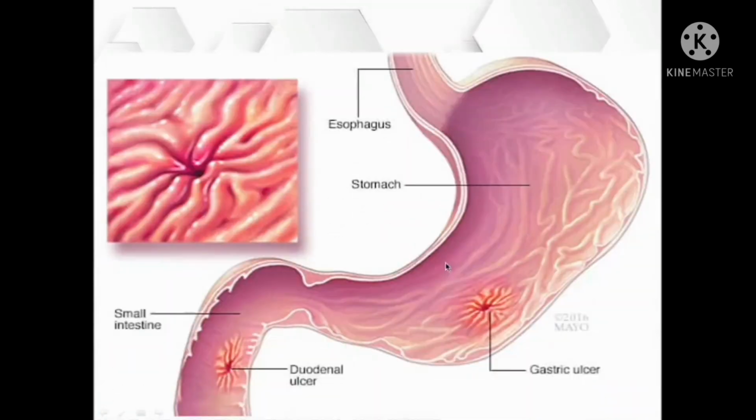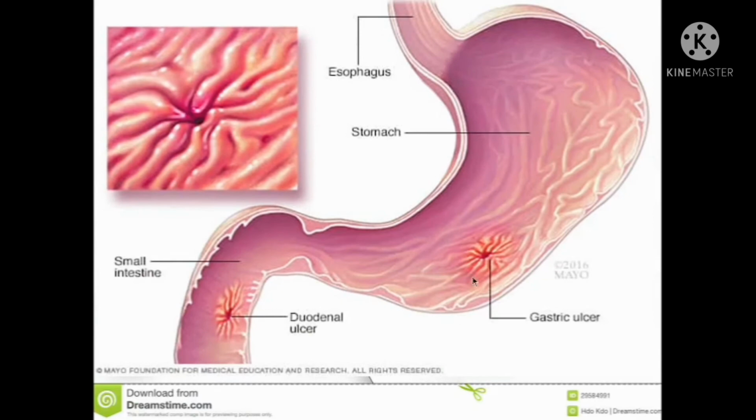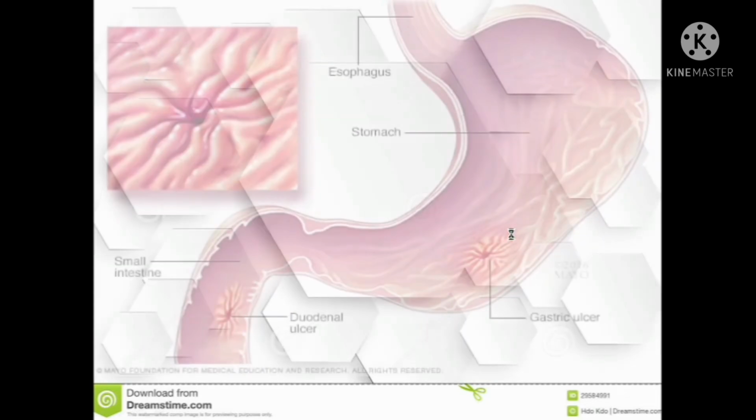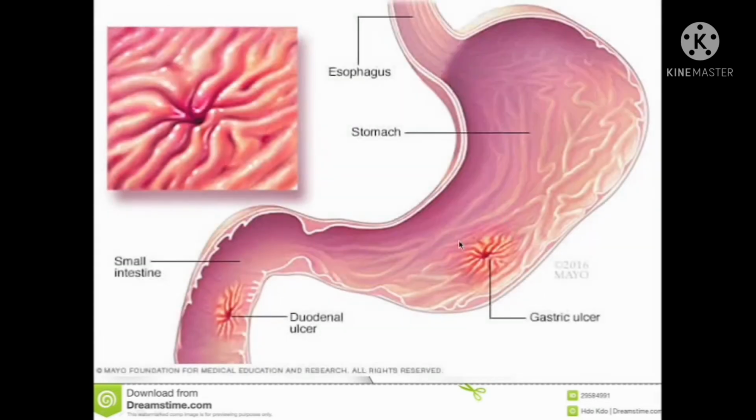So we can see this from this diagram. You see this is the esophagus, the stomach. Okay, so you see that here there is a hole. The endothelial lining of the stomach has been exposed to the HCl. You can see this photograph.